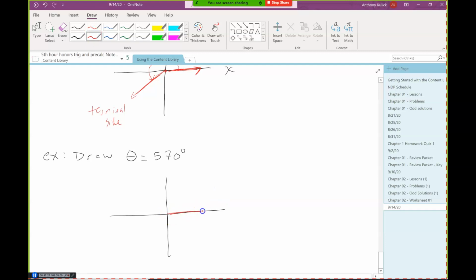So here's our terminal side. 90, 180, 270, 360, 450, 540, and 30 degrees more. Is everybody okay with how I did that?